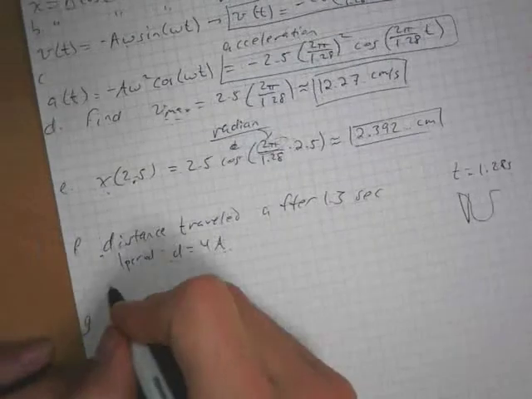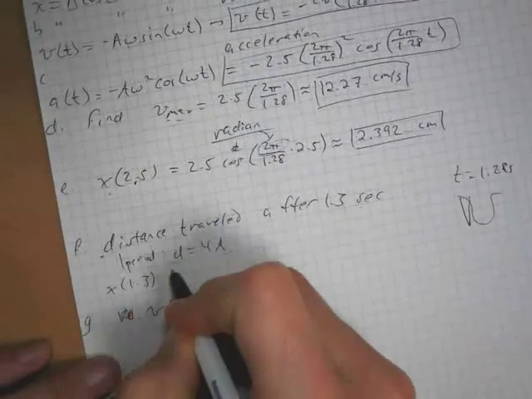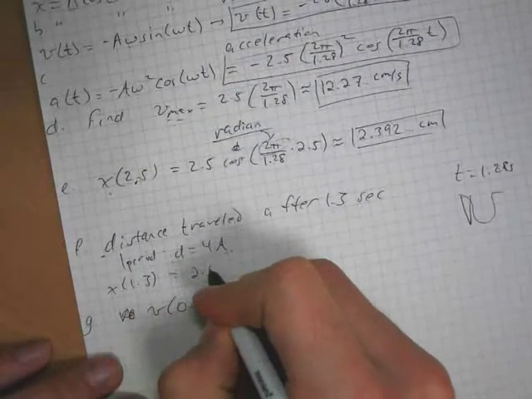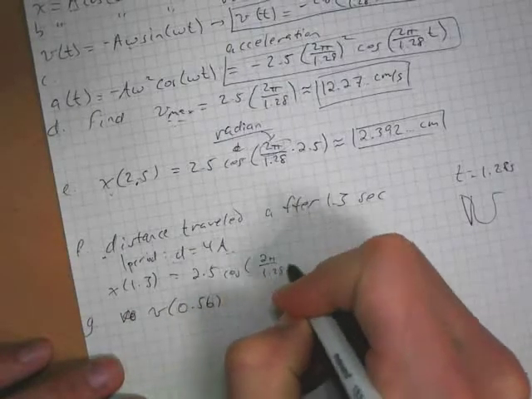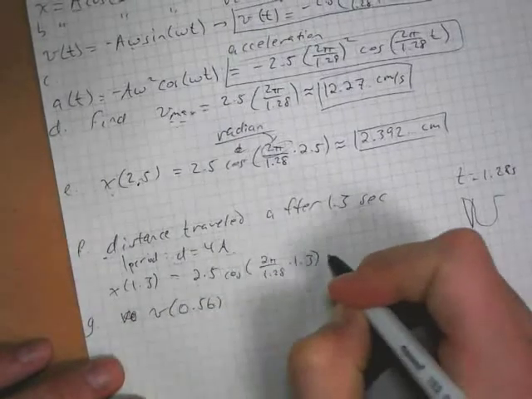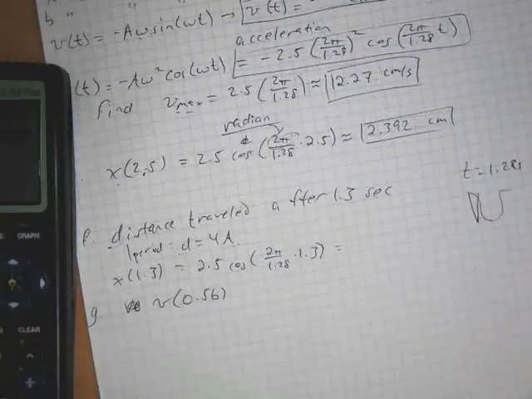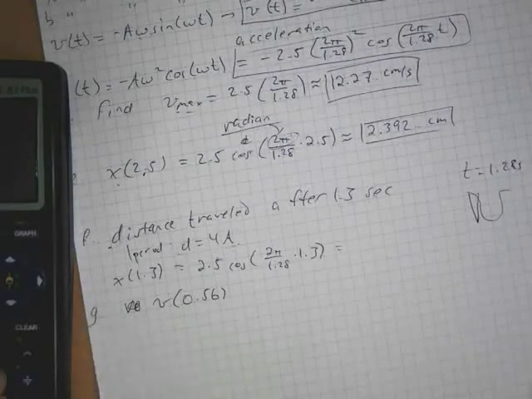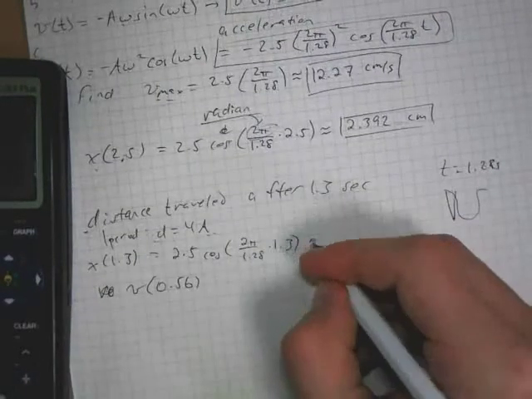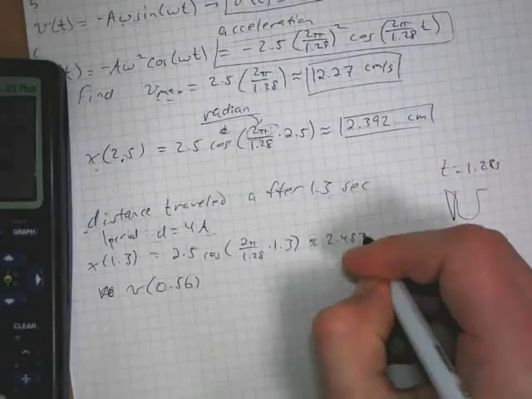So at t equals 1.3, our position is this: 2.5 cosine of 1.3 times 2 pi over 1.28, which is about 2.4879.